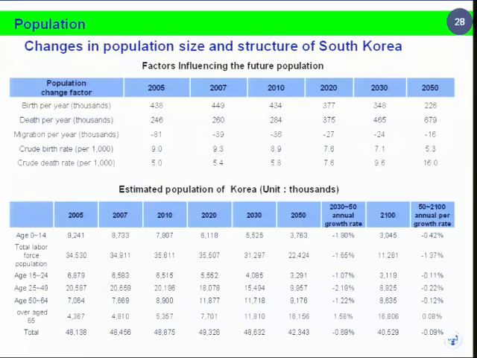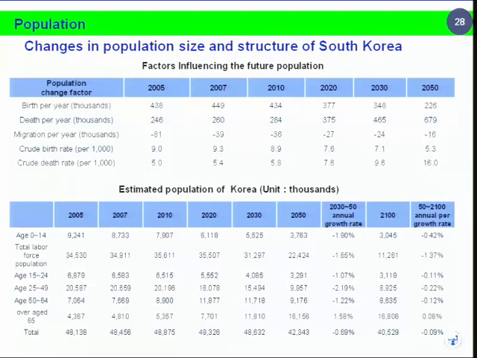However, still, the South Korean population will decrease in the future. If you look at this one, currently the Korean population is 48 or 49 million, so slightly less than 50 million.